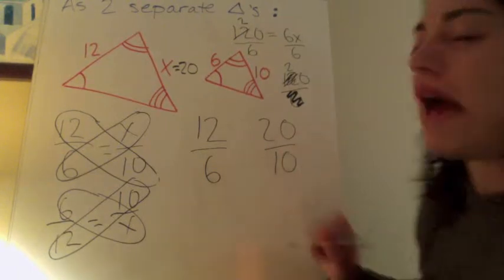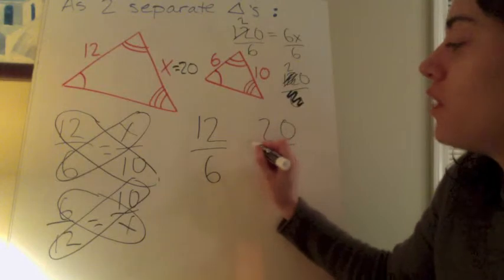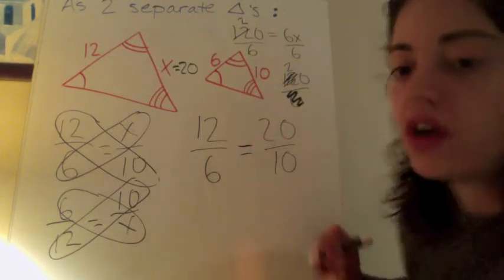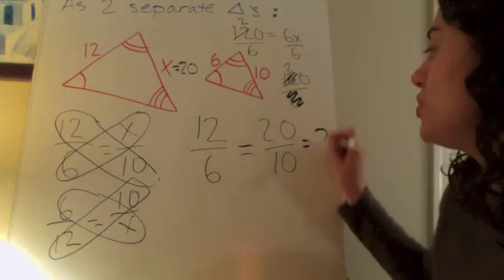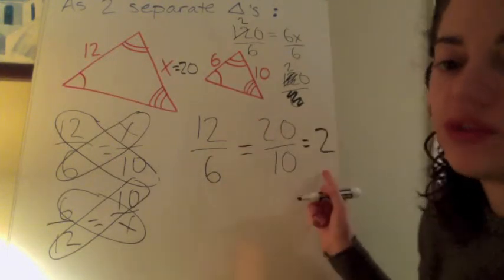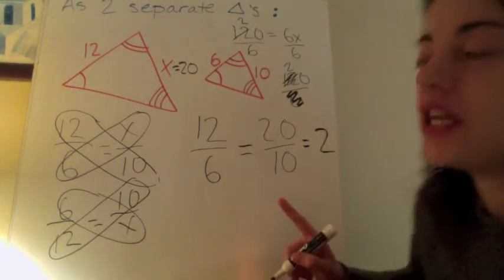Here's why it doesn't matter which pair of corresponding sides you have, because I could have 12 over 6 or 20 over 10. They're both equal to each other, and they both equal 2. If I were to reduce these, I would get 2 over 1, which reduces to 2. So one possible scale factor is 2.